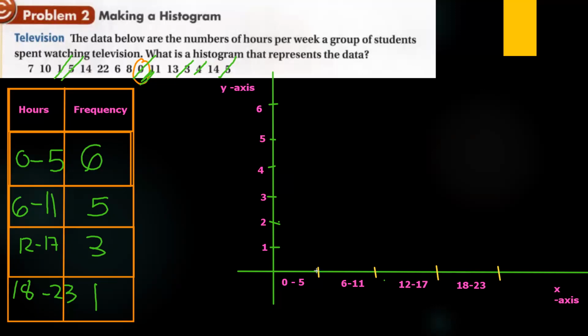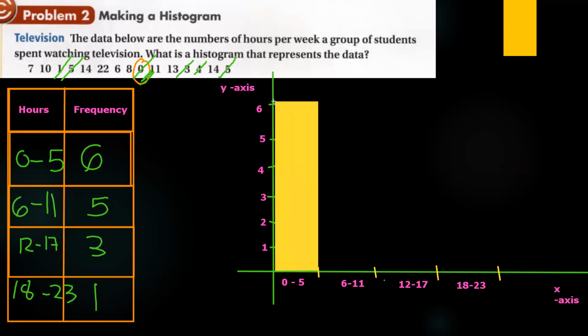Its width is from 0 to 5, and its height is the frequency. What is the frequency from 0 to 5? From the table, it is 6. So you have to start from here up to number 6 and make the bar.